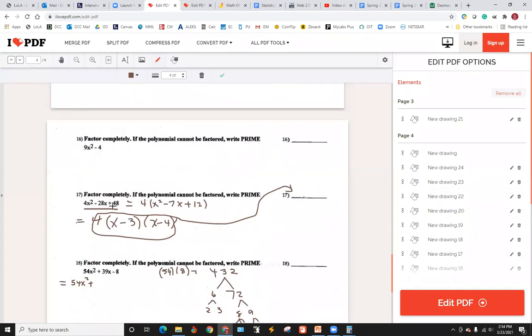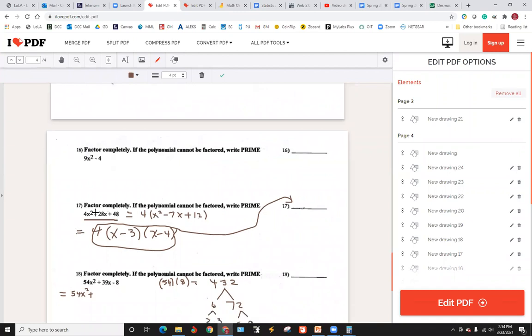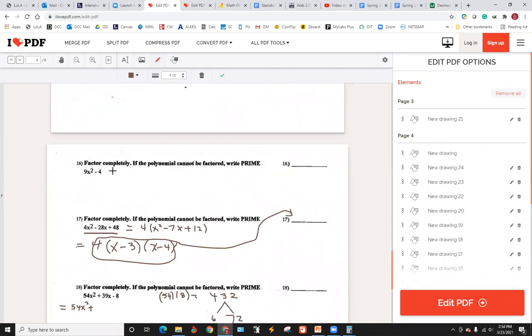This one up here, since it doesn't have that middle term and it's got a negative sign, it's very much akin to this because this is equal to, because that's again, that's that 3x minus 2 times 3x plus 2.